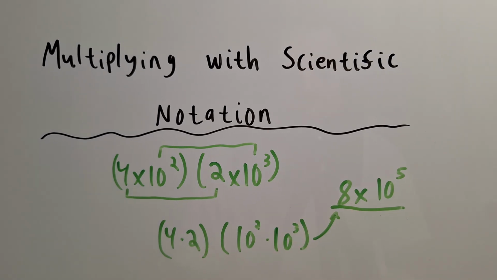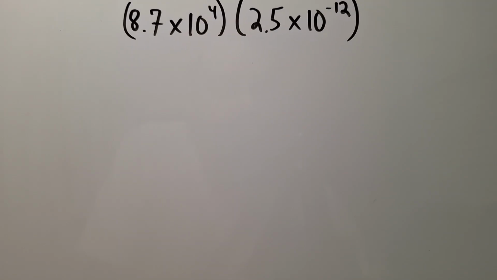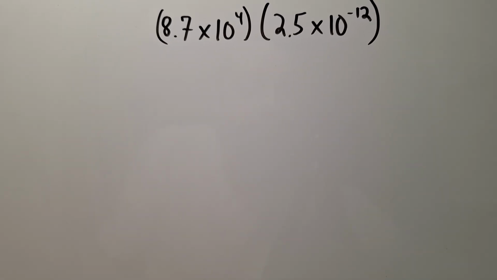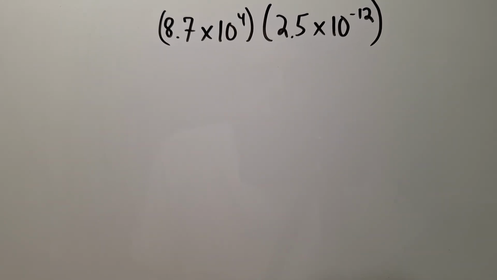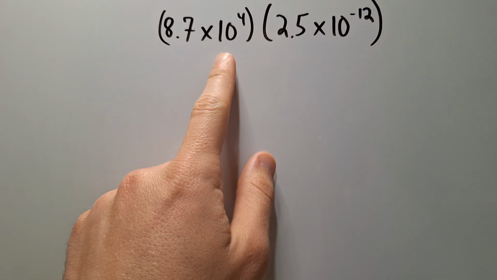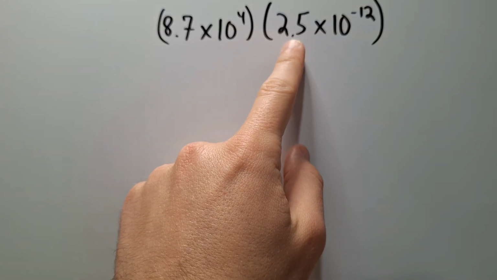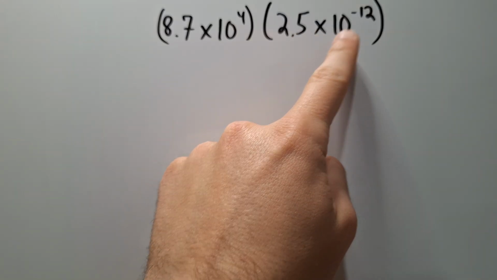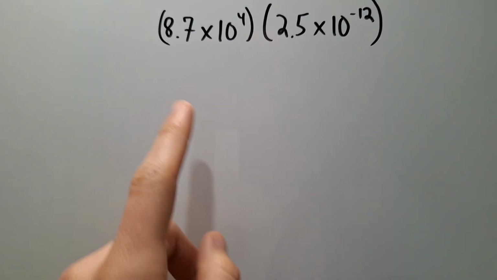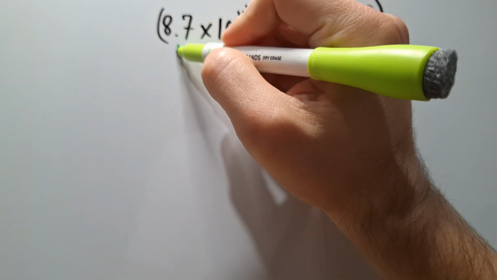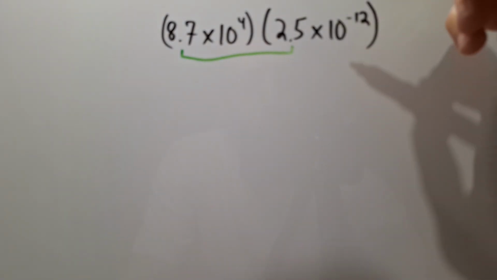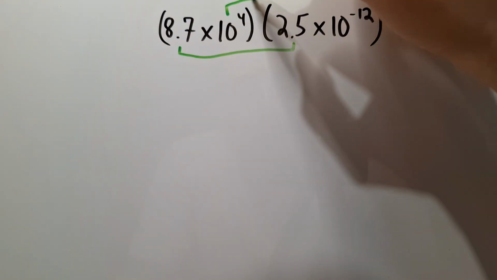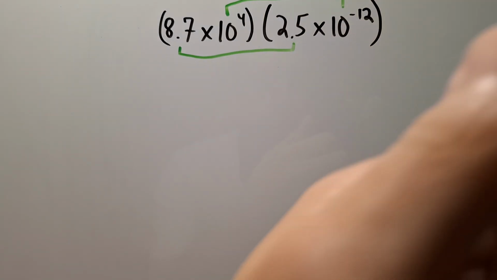Let's take a look at a couple of examples where we have to do a little bit of rewriting in the end. So here we have 8.7 times 10 to the power of 4 being multiplied by 2.5 times 10 to the power of negative 12. So once again, group these together and then group these together.